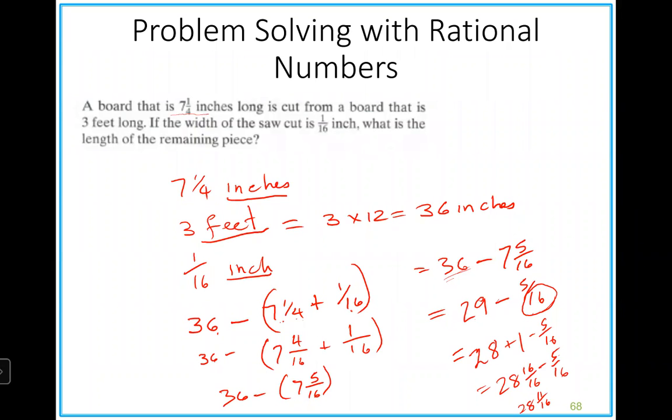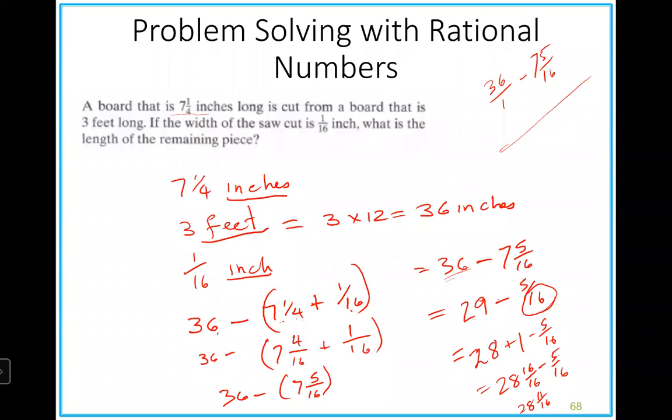So it's 36 over 1 minus 7 and 5 over 16. We could make this into an improper fraction and then convert this into a fraction where 16 is a common denominator for both of them, but it would involve some large numbers. So I was trying to simplify it by using a sort of common sense approach.